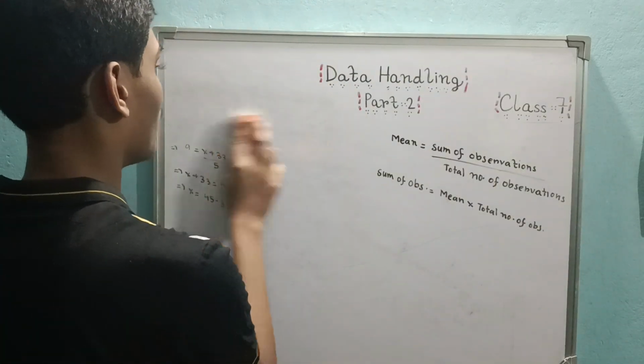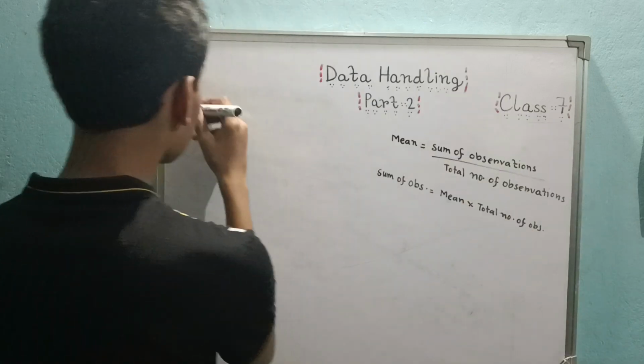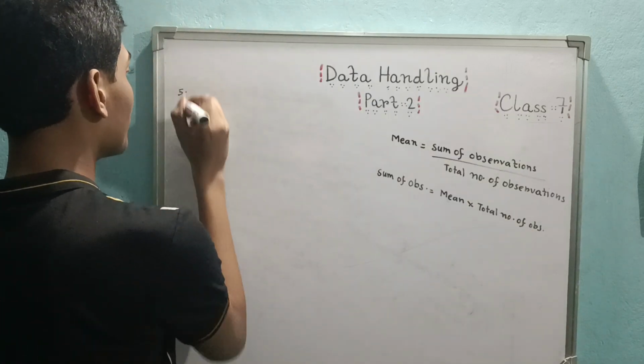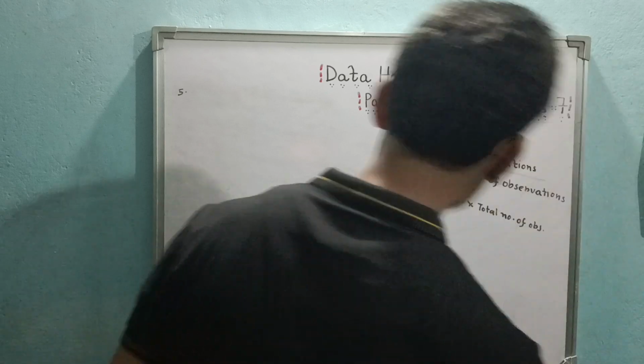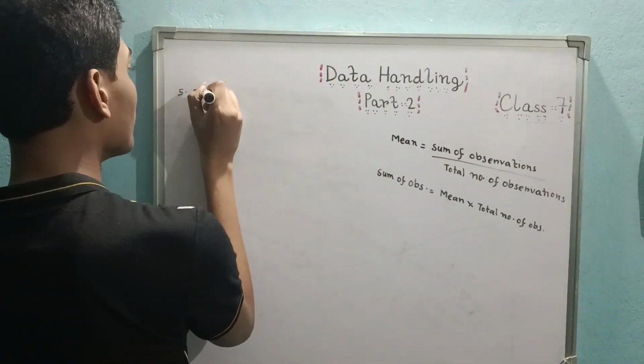Next one please. Let's see. Smooth roller coaster, it keeps increasing because it's so easy. Find the mean of the first 5 prime numbers.